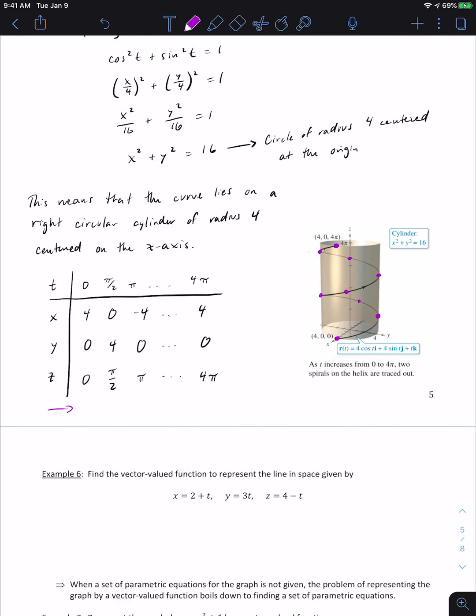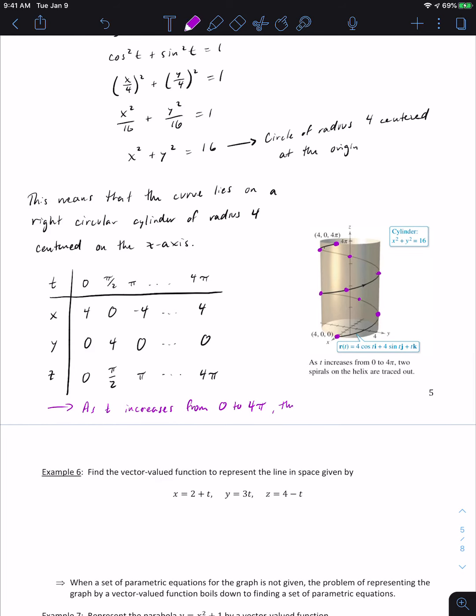So what we get is, as t increases from 0 to 4 pi, the points spiral up the cylinder to create a helix, right?